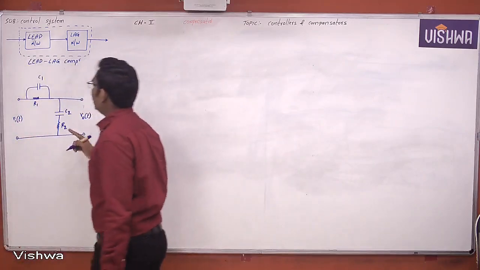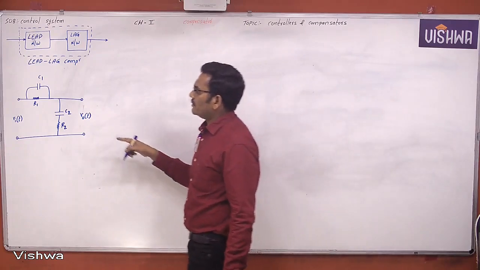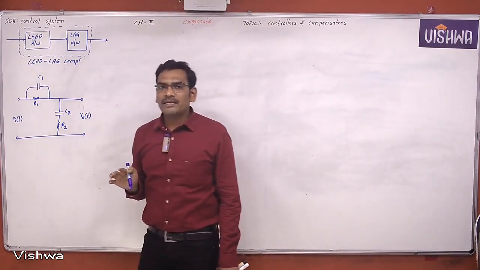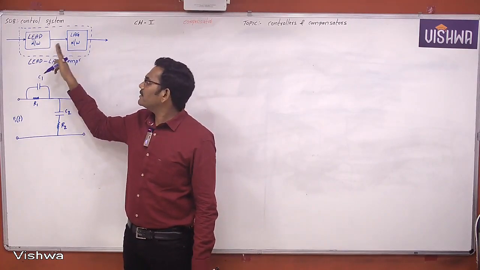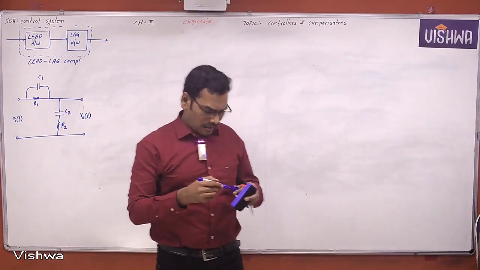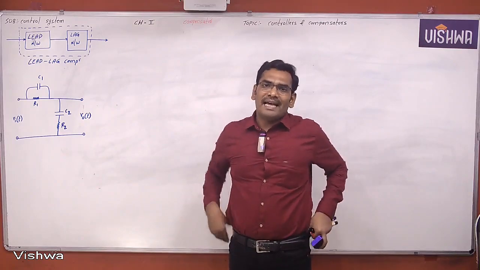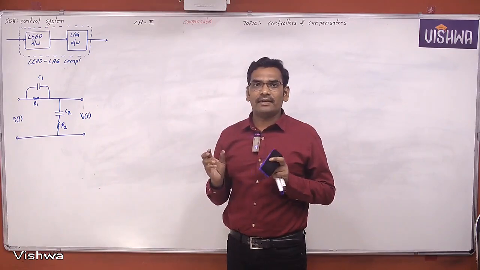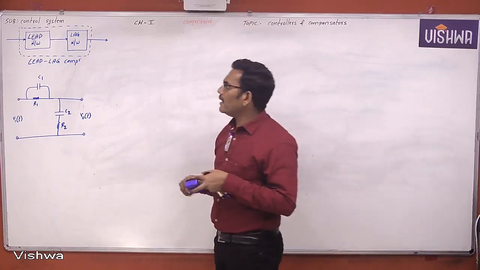The combination is a lead lag compensator, which means it produces both leading phase and lagging phase. But there is no need to worry about the lead lag compensator, because you know the complete characteristics of the lead network and of the lag network. You just club those two characteristics, and you automatically get the lead lag compensator.